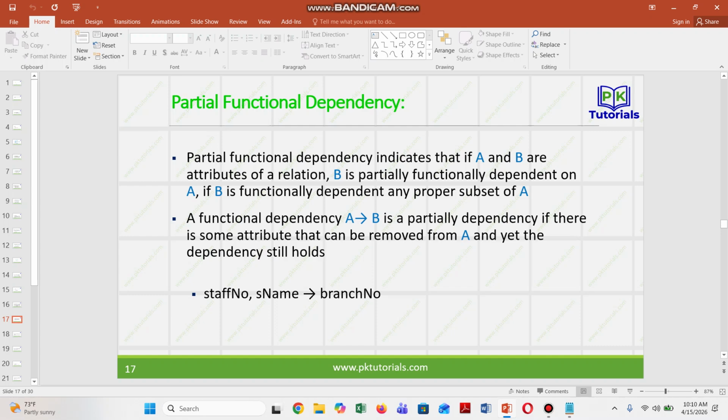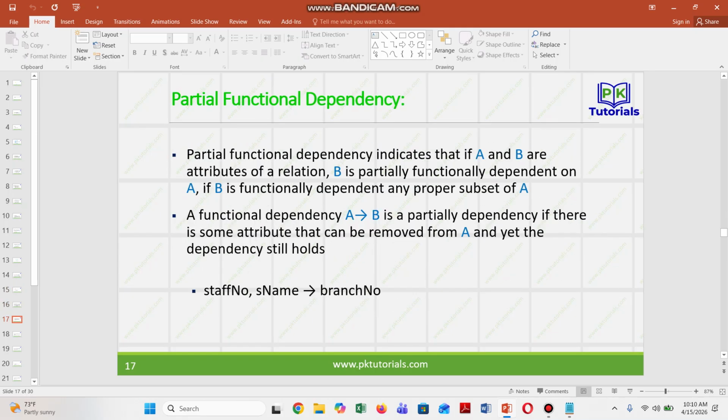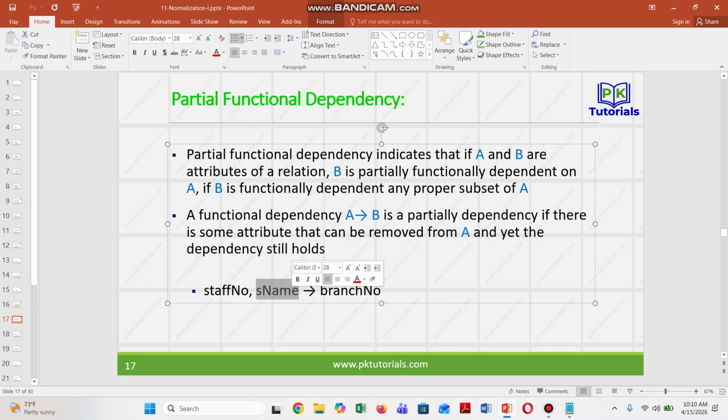If I remove the name, will the functional dependency still hold? Yes. If you know a staff number, you can identify its branch number as well. For each staff number, there will be only one branch number.